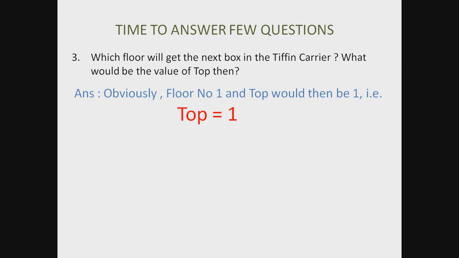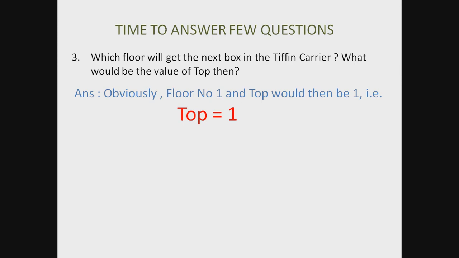So top becomes 1, as top points to the element which has been most recently put in the list. According to our discussion, it is subscript number 1, so top is equal to 1.